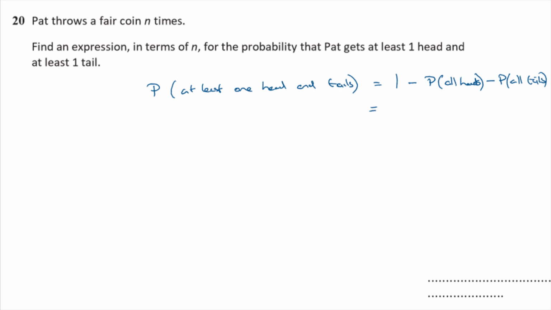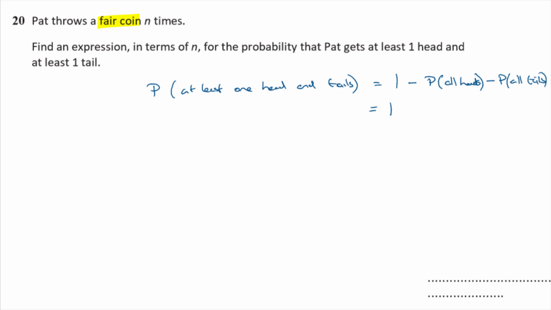Okay, so what's the probability then of getting all heads? It's a fair coin, so the probability of getting heads is half, isn't it? So if you're throwing a coin and the probability of getting a head is half, and you want to get all heads, then that's half to the power of n, however many throws you're going to do.